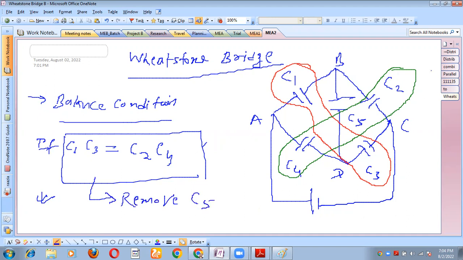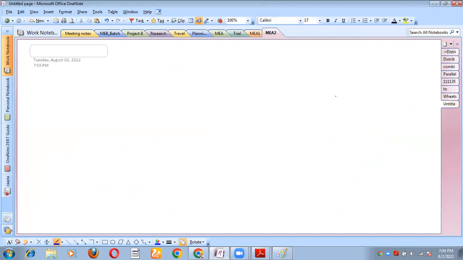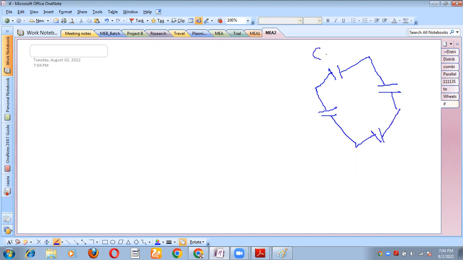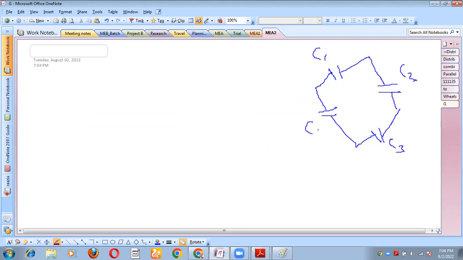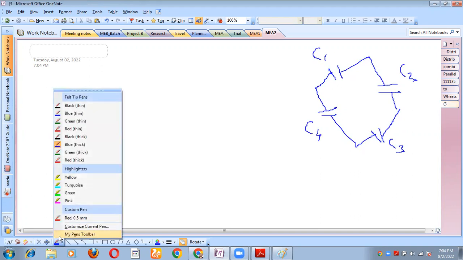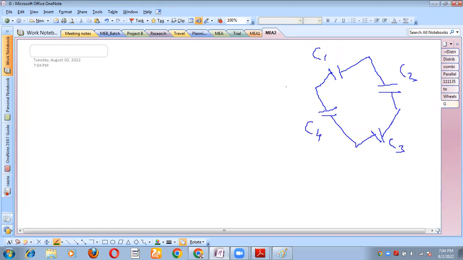If C5 is removed, then we get a structure like this: C1, C2, C3, C4. Then we have no issue, since we can easily identify which capacitors are in series and which are in parallel.